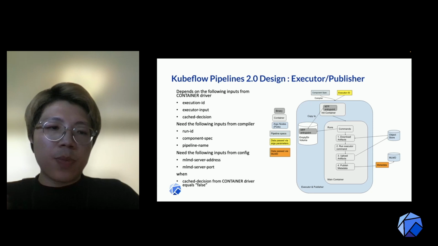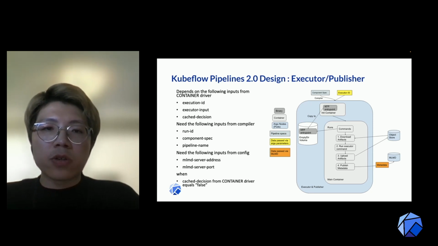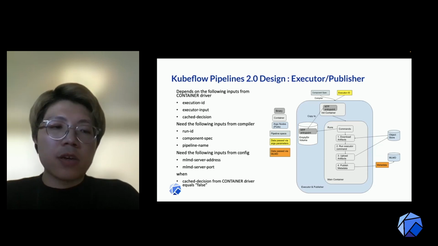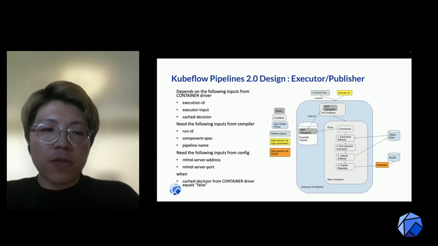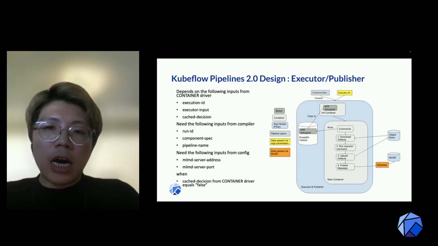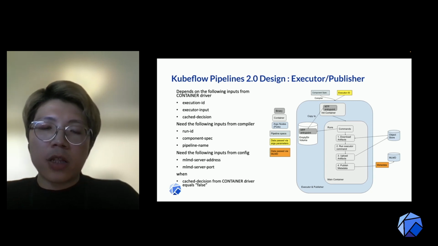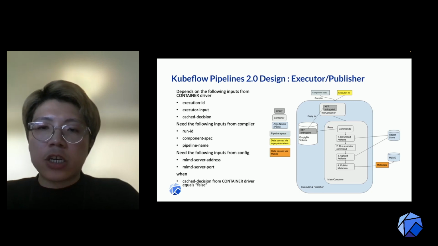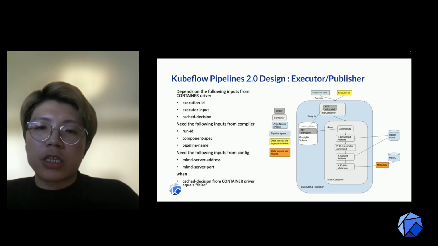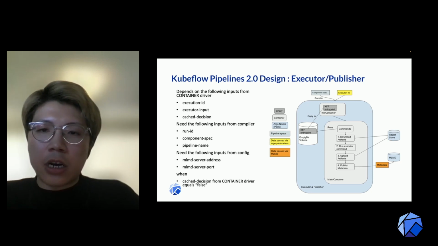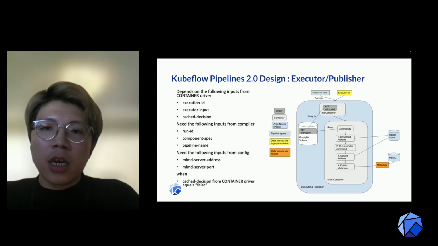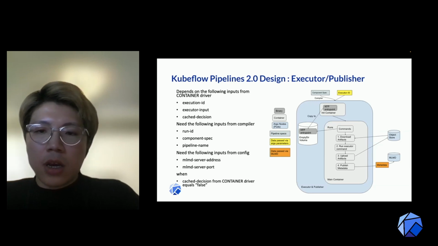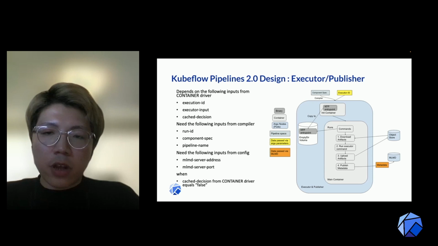And because the publisher needs to push all those artifacts and parameters back to MLMD, it also needs the following information: the MLMD server address and the MLMD server port as part of the executor and publisher pod itself. So whenever the executor is run, the init container, shown on the right-hand side, basically just passes in the KFP entry point, which is the binary that wraps the publisher code on top of the executor. It basically just runs the command to download the artifacts.